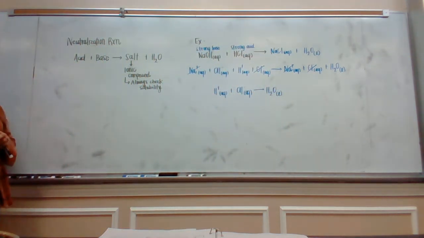And my net ionic is just the formation of water. Since acids and bases always produce salt and water, will that always be our net ionic? As long as both of your acids and bases are strong, then yes.